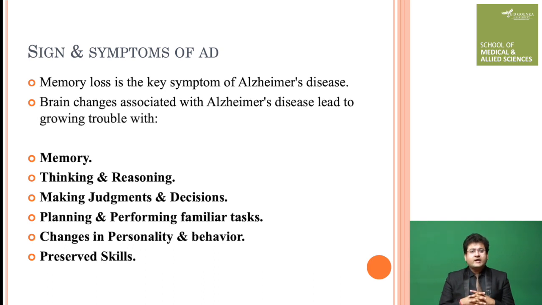Basically you can see the list of signs and symptoms of Alzheimer's: memory, and the second parameter is thinking and reasoning, making judgments and decisions, planning and performing familiar tasks, changes in personality and behavior, and the last one is preserved skills. Now I'm going to discuss the first symptom of Alzheimer's disease, that is memory.